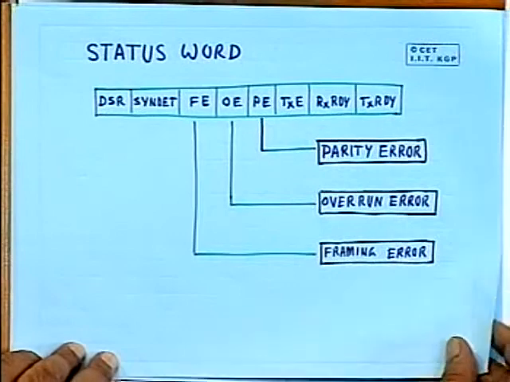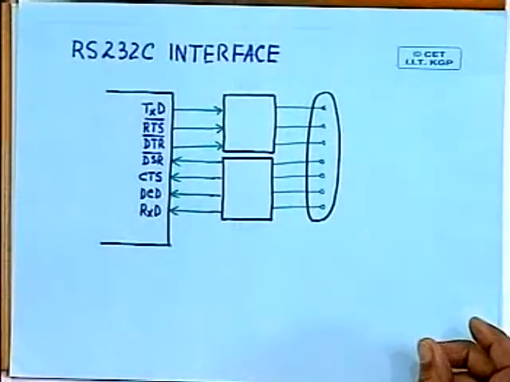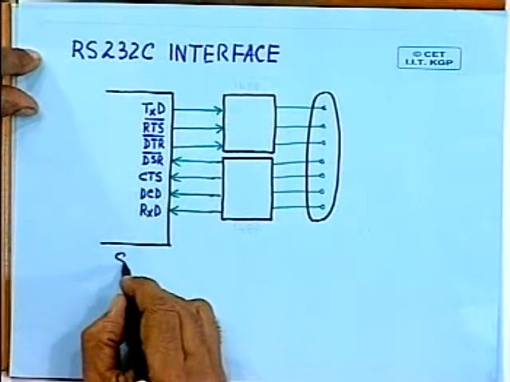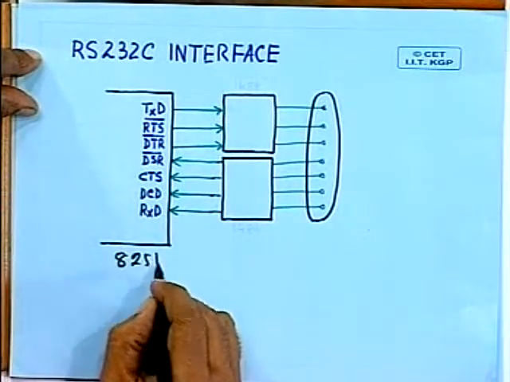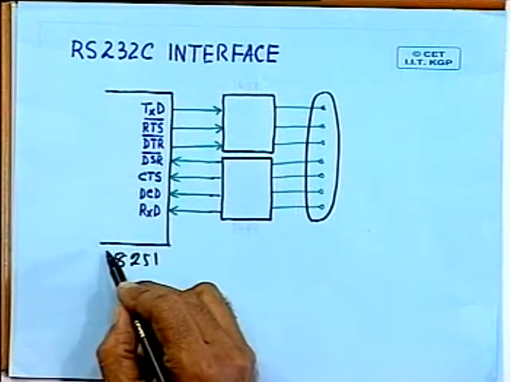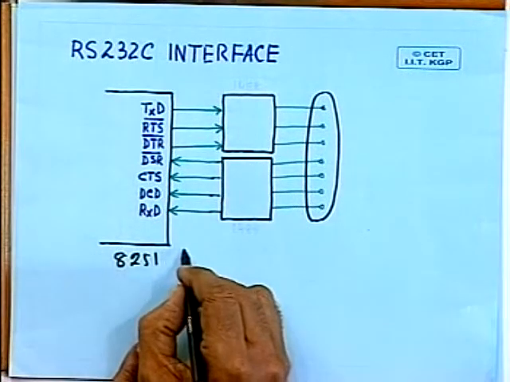Let us see how you can realize an RS-232C interface using the 8251 device, the 8251 USART chip. As you know, the 8251 outputs are TTL compatible.